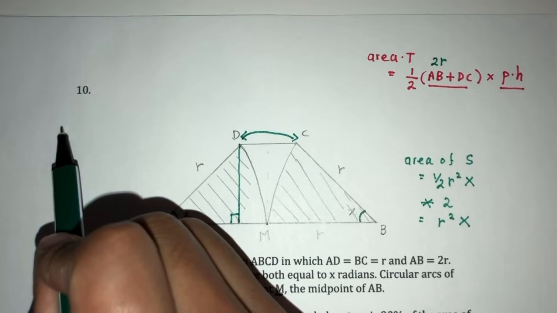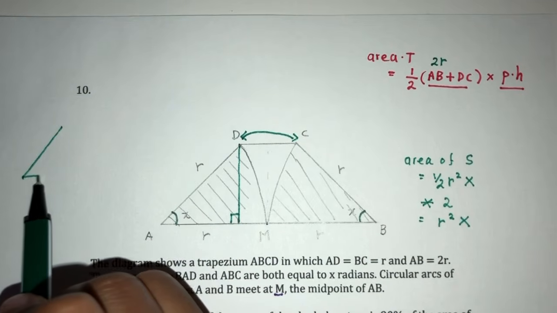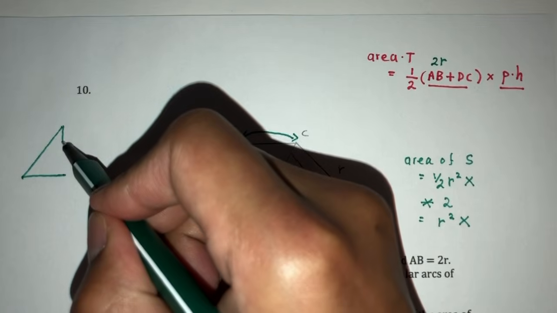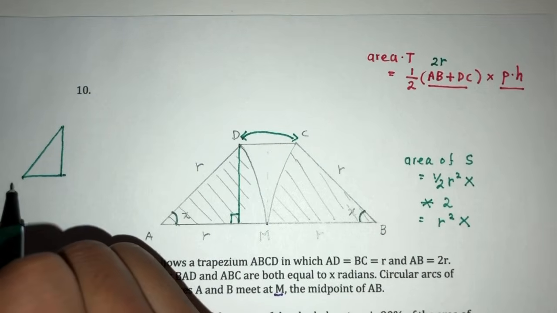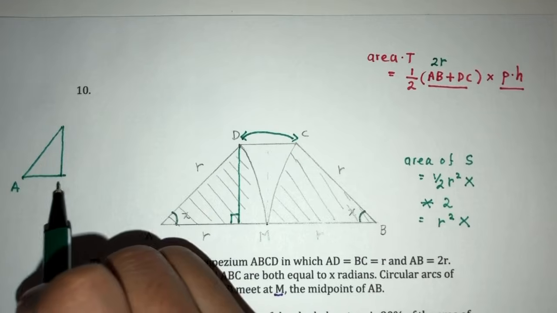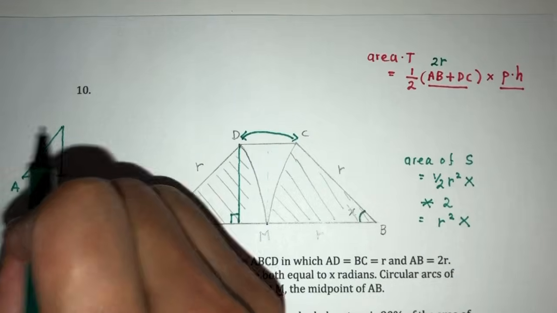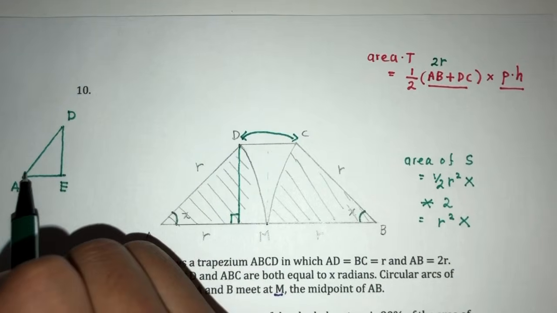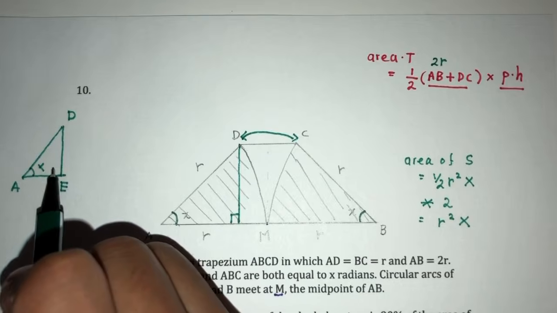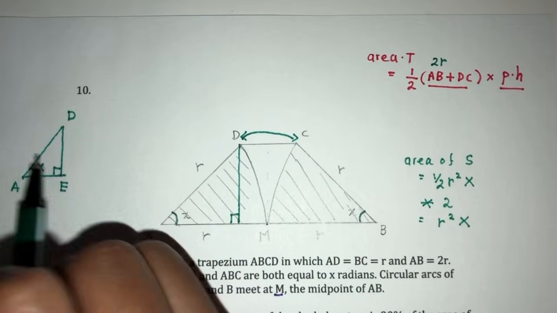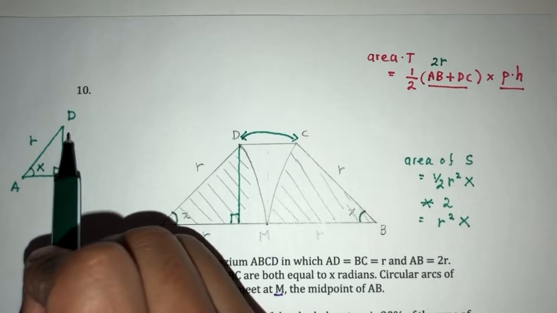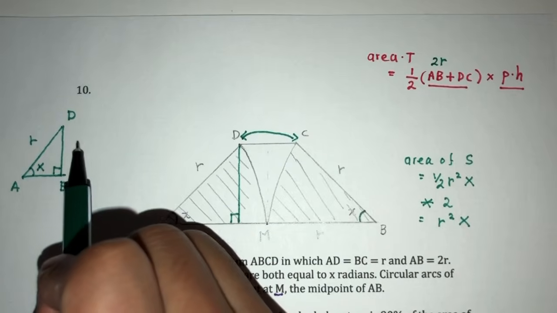So you have this, this, and this. That will be A. Let's call this point E, why not? And let's call this D. So here we have x, here it is 90, and the value here is R. So first we can find the value of the height.